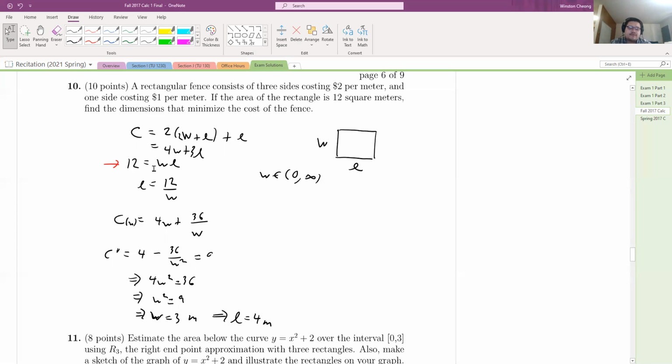With this kind of constraint, you can make W really minuscule but make L really large, or vice versa, make W really large but make L minuscule, and you'll still have the balancing of those two things out to make the area equal to 12. That's why the natural domain for W is going to be 0 to infinity. And then from that, you want to use, what's it called?